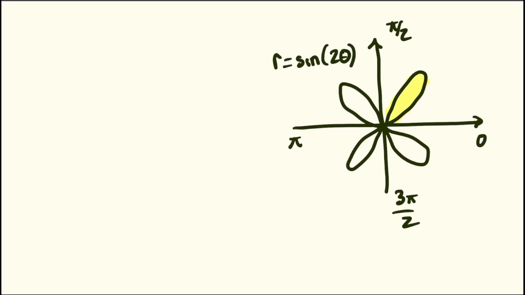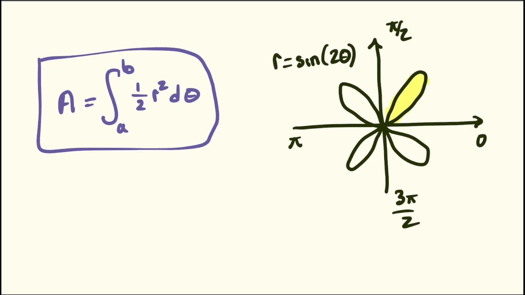Now when we're looking at area, we know we need an equation for that. Our area equation in polar coordinates is the integral from a to b of 1/2 r squared d theta. So that is what we are going to be using.